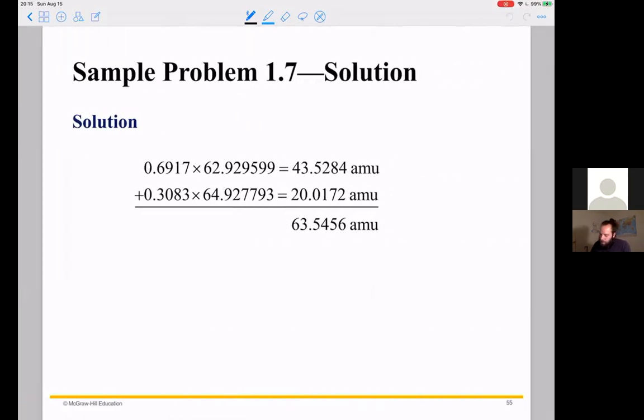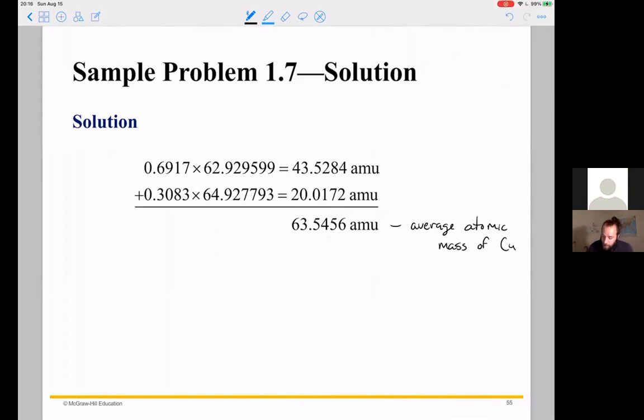All right, so we punch that in and we do the math, and we would get that the average atomic mass of copper should be 63.5456.